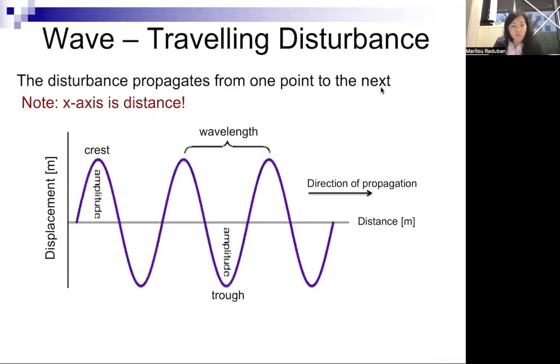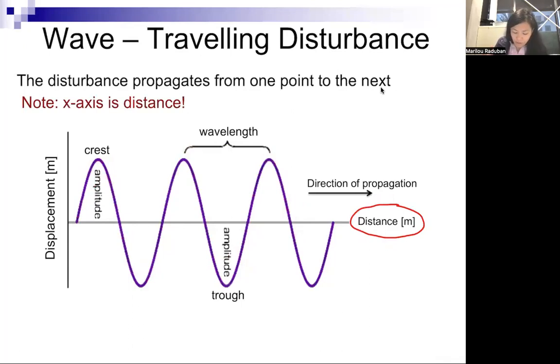For the wave, because the disturbance propagates through space, we can also represent the propagation as a sinusoidal graph shown here, but notice how the x-axis is given in distance, which is measured in meters as the SI or base unit.